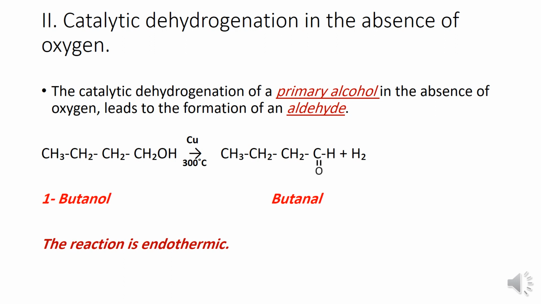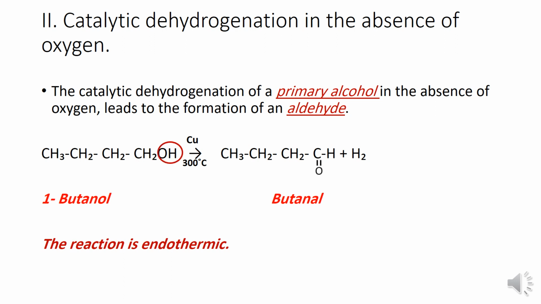the carbon at the extremity holding the OH is bonded to 2 hydrogen and 1 R. In the presence of copper and a temperature of 300 degrees, there will be removal of 2 hydrogen atoms to form hydrogen gas and aldehyde.